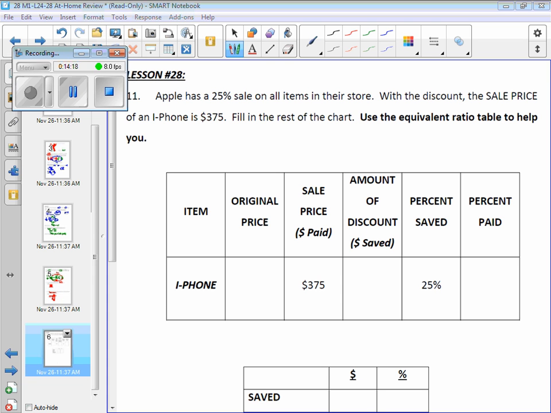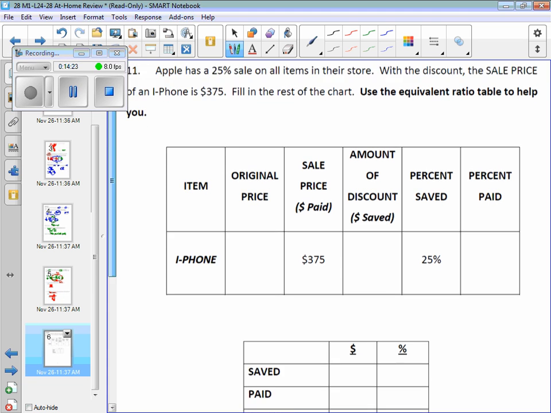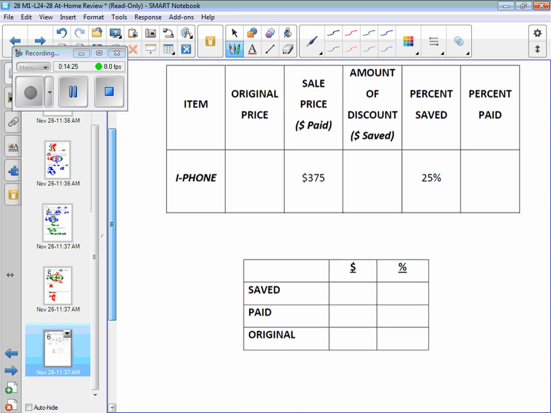And finally, our last page, which is our very last lesson in Module 1. What we're going to do is take the amounts that they give us to try to figure out the missing amounts. And we're going to place that into our working template, our little mini equivalency ratio table here.